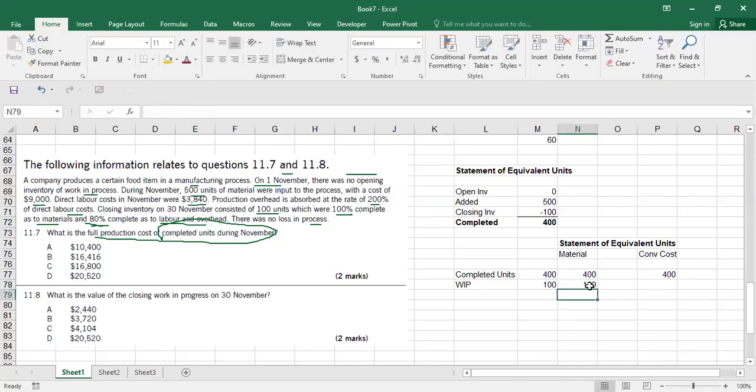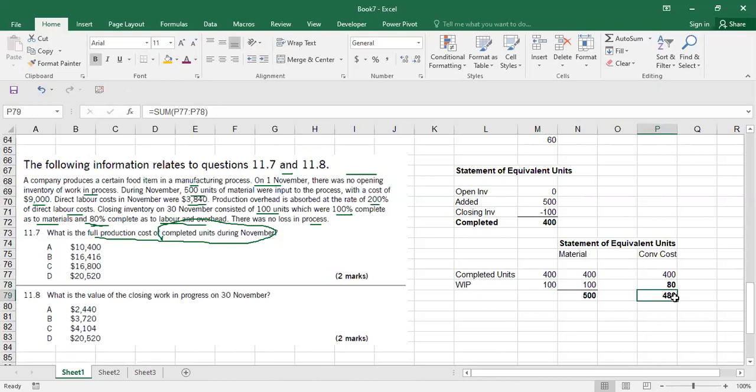So 100 I put here. But with respect to conversion cost, they are just 80% finished. So these 100 units are only 80% finished with respect to the conversion cost. So equivalent units coming in are 500 equivalent units with respect to material and 480 equivalent units with respect to conversion cost.